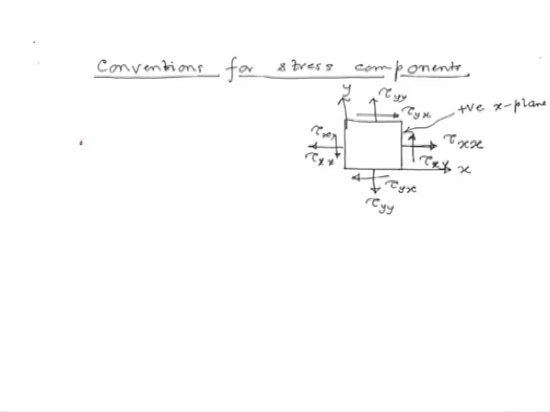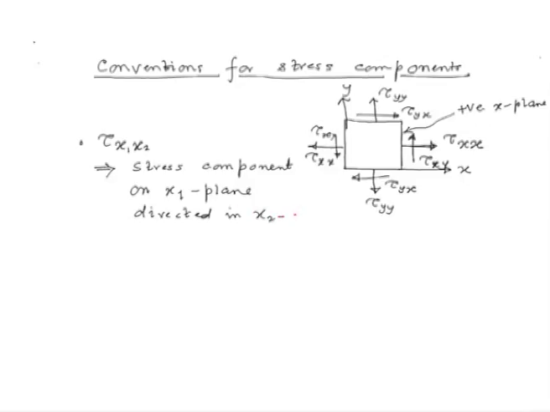Suppose we use the symbol tau x1 x2, this denotes a stress component on the x1 plane directed in the x2 direction.